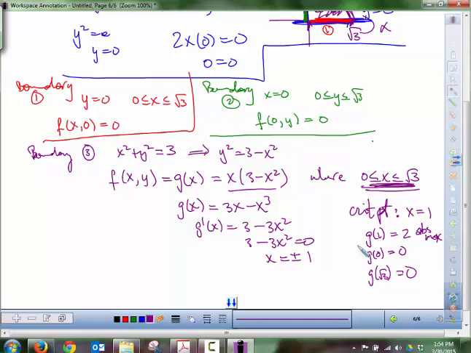So my absolute max, I guess I should be clear, my absolute maximum is 2, but where is the point? I got x is equal to 1, right? What's y equal to? Y equals what? Square root of 2, right?